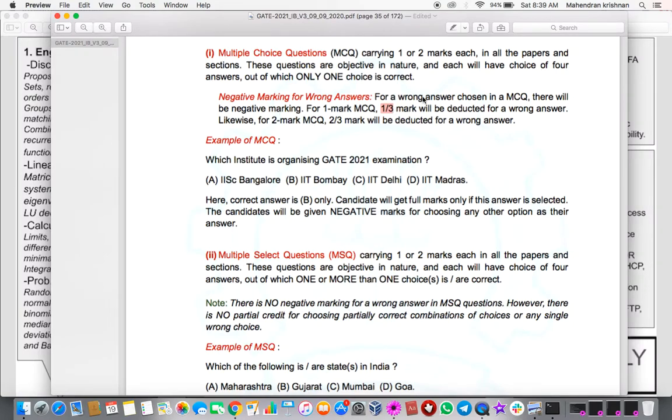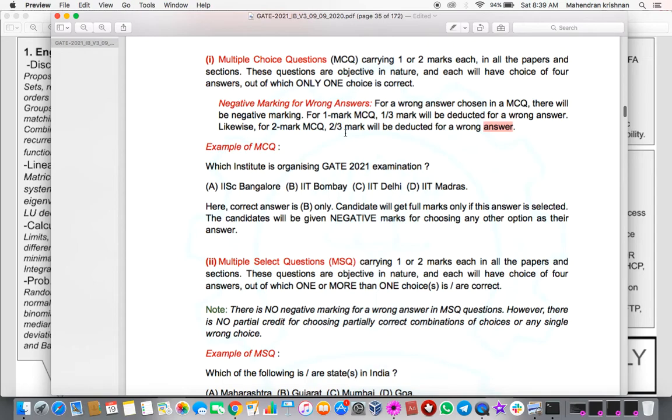Like as for a 2 mark question, two-third mark will be deducted for a wrong answer. So that is 0.66 will be deducted.